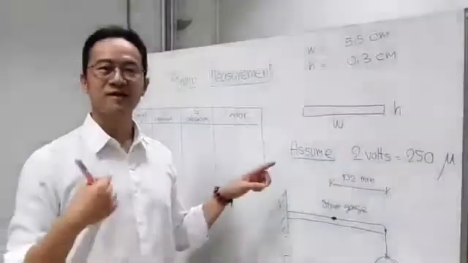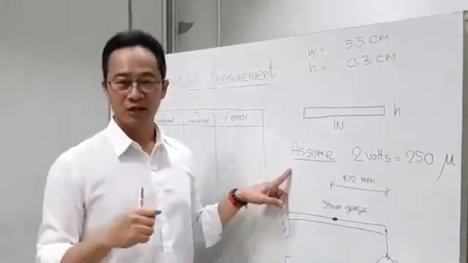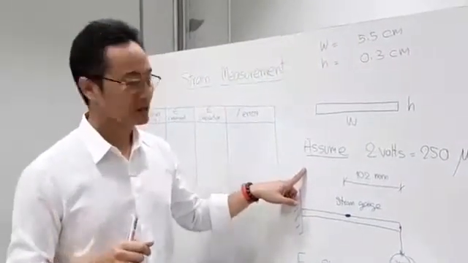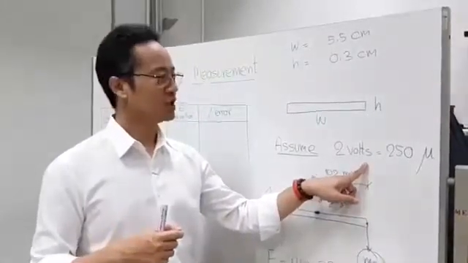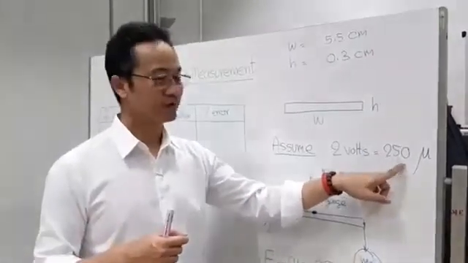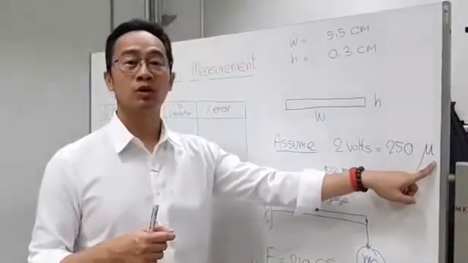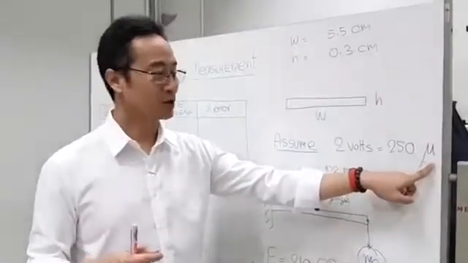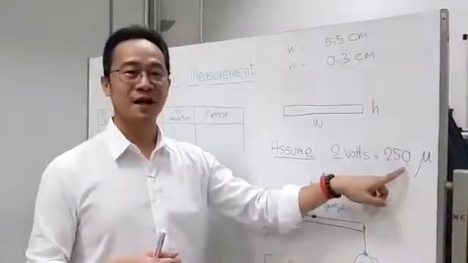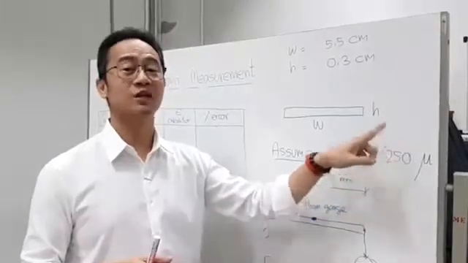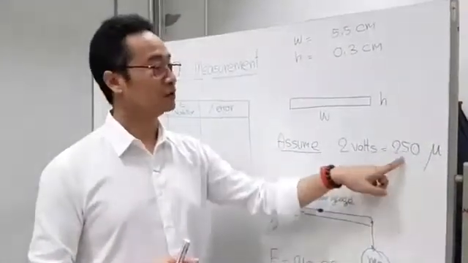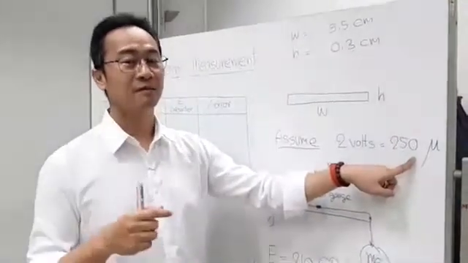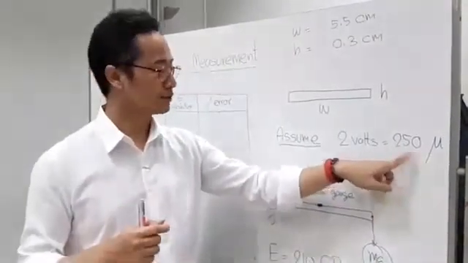And as I said, we assume from the amplifier box that 2 volts of output voltage equals 250 micro strain. Micro means 250 times 10 to the power minus 6 normal strain. Don't forget, micro strain, 250 times 10 to the power minus 6 normal strain.